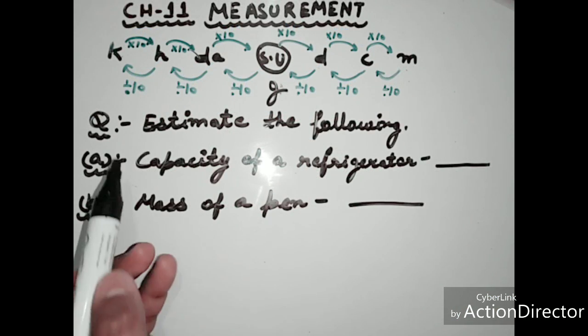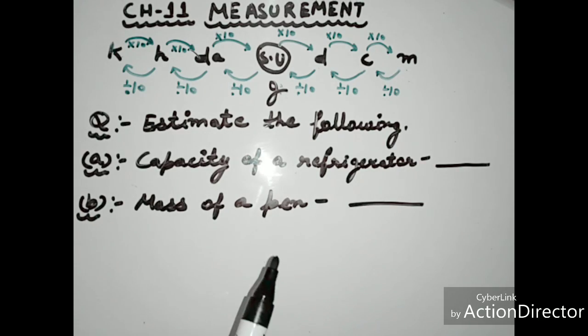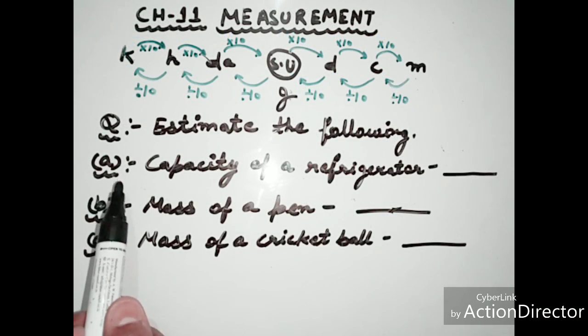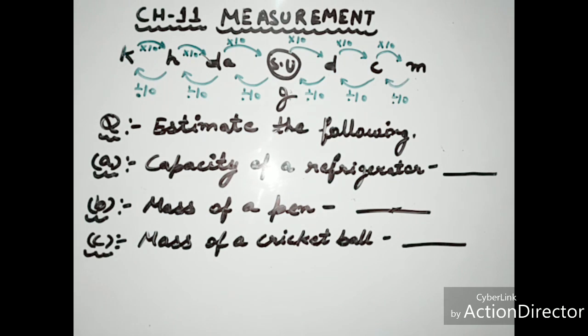Now the next example, estimate the following. Now example number A, capacity of a refrigerator. What is the capacity of a refrigerator and what is the estimated measurement unit?